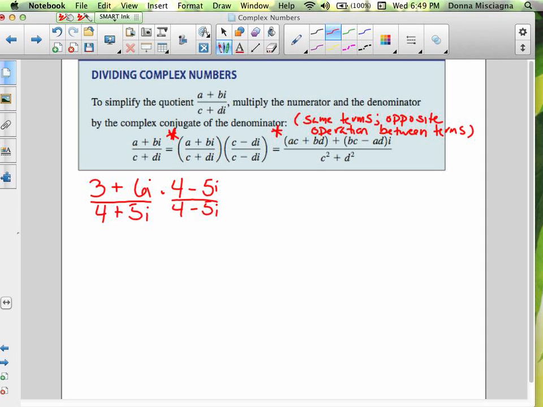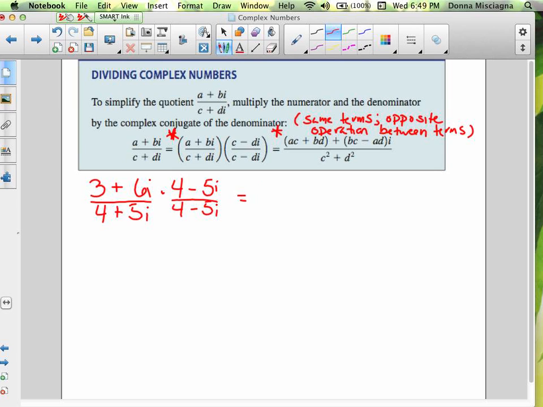Let's multiply by FOILing, because it's kind of set up. My shadow was blocking.